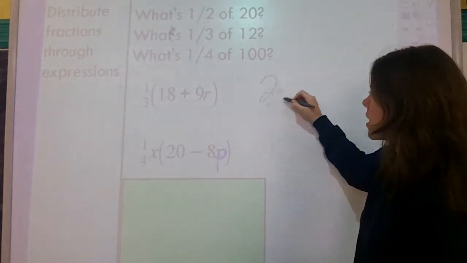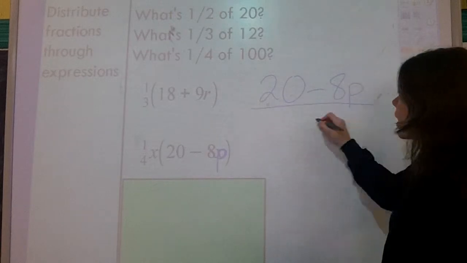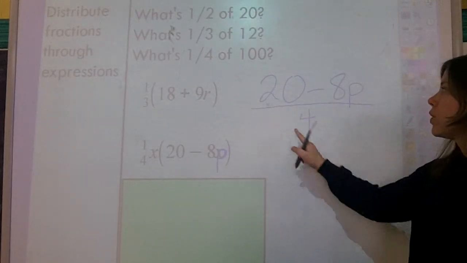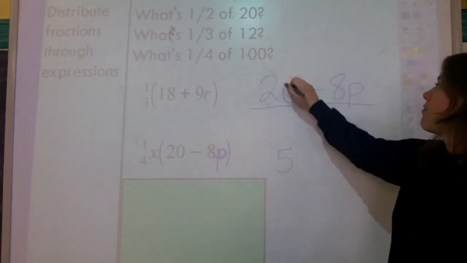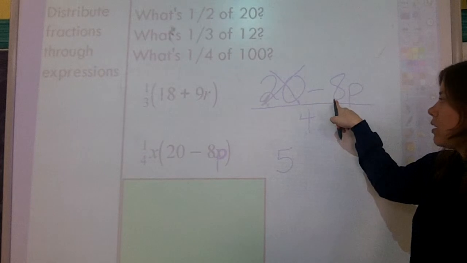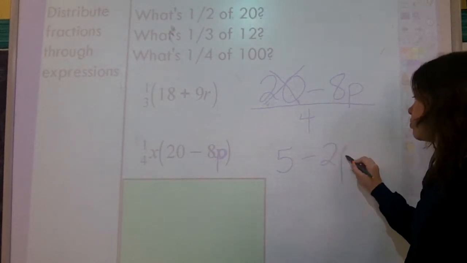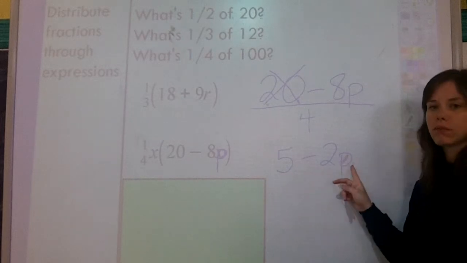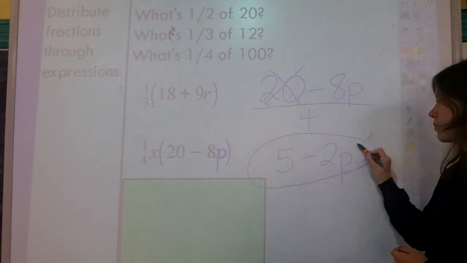I'm going to rewrite it as a division problem. 20 minus 8p divided by 4. 20 divided by 4 is 5. I'm finished with this term, so I'm going to cross it off. Negative 8p divided by 4 is negative 2p. I have a constant, I have a variable, I can't combine, so I'm finished.